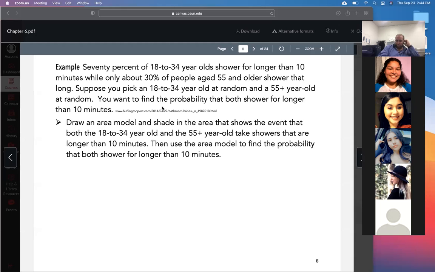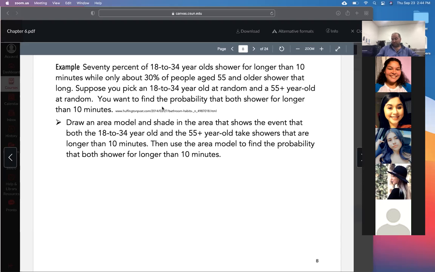So how would I do this with an area model? Anyone? I'm trying to process the problem. That's fine. Take your time.